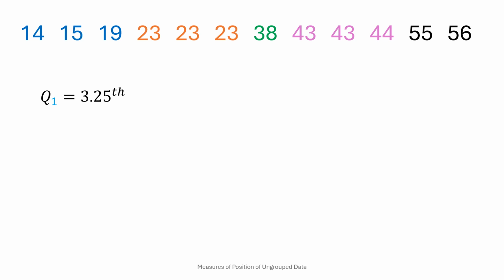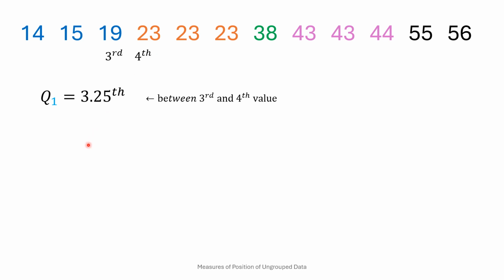Locating the 3.25th for the position of quartile 1, let's count from the lowest value 14 until you reach the third and fourth values. 1, 2, 3, 4. So that is 19 and 23.